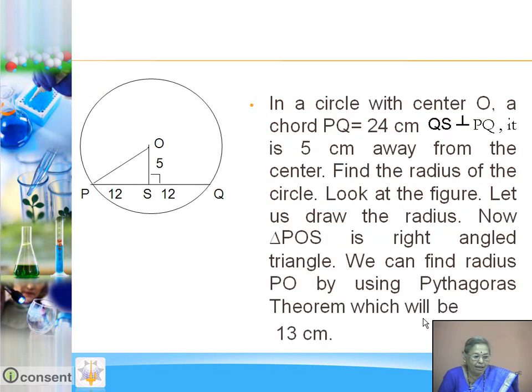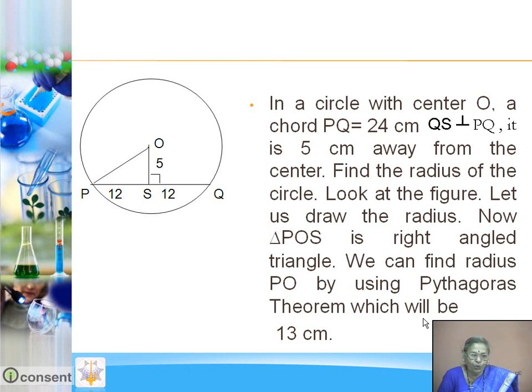O is the center of the circle. OS is the perpendicular drawn on the chord PQ. The length of the chord is 24. We have to find the radius of the circle. Think about it. Which property will you use?